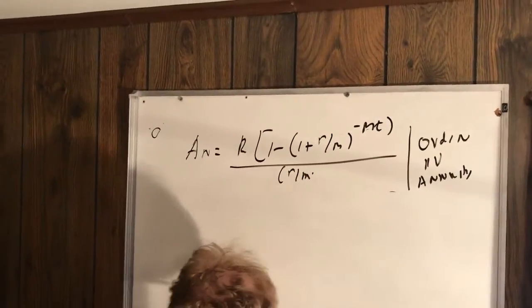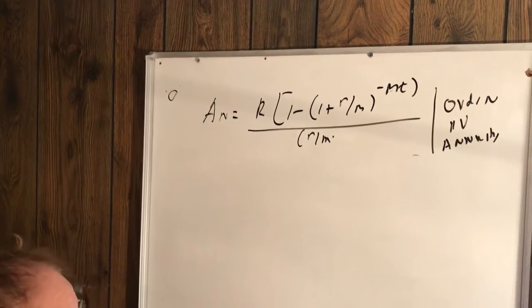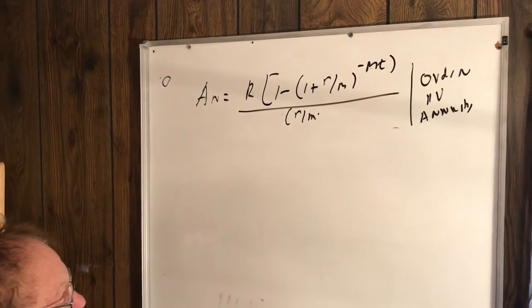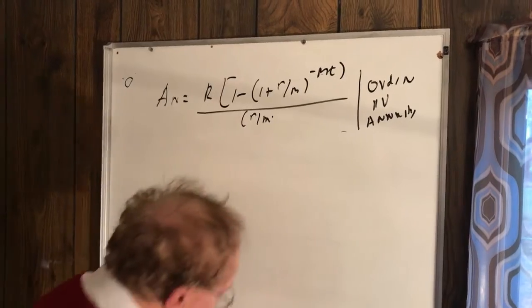And now let's look at this. How much at the end of each year? So it's the end of the period, right? So it's going to be an ordinary present value annuity.